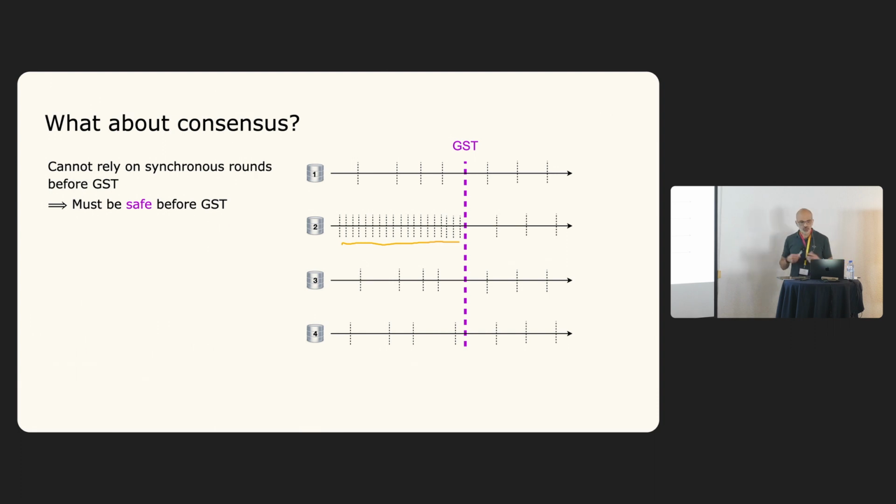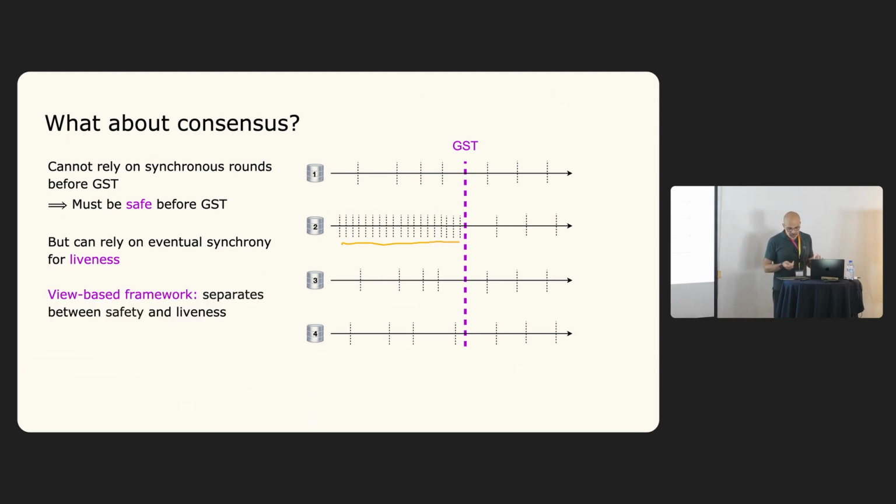So we should not violate agreement before GST. And then we can rely on eventual synchrony for liveness. That leads to something that I call a view-based framework, right?